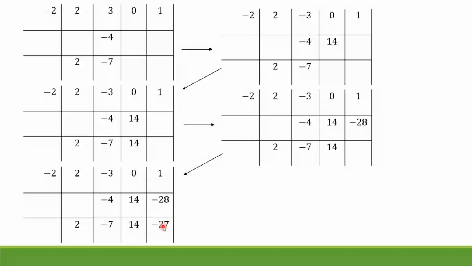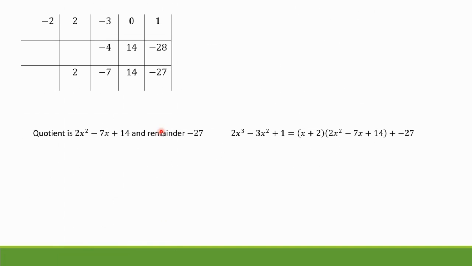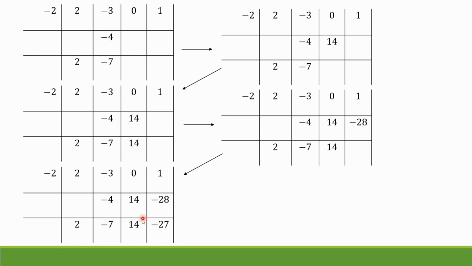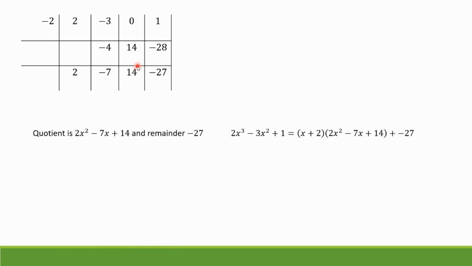So this tells us right away what the quotient and remainder are. Namely, we get the remainder. So this here is the same as over here. From here, we get the quotient is 2x squared minus 7x plus 14.